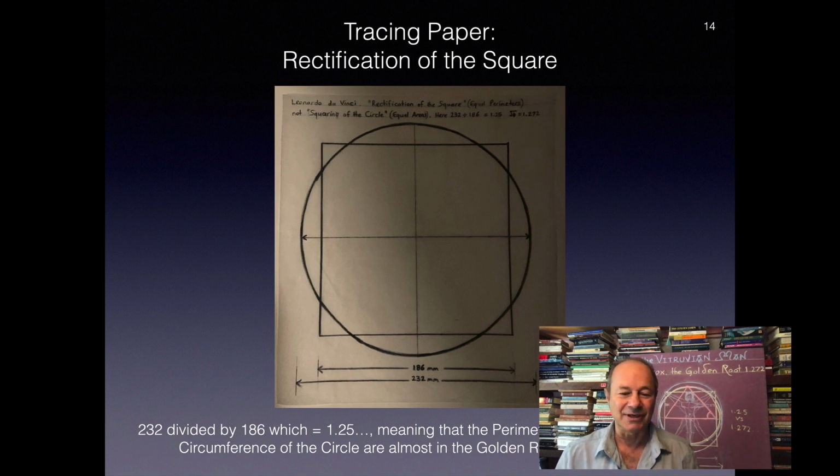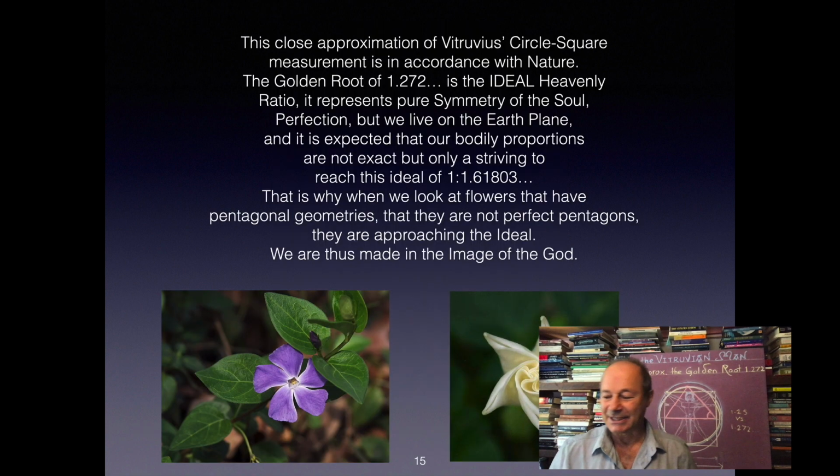So as a division, it's 1.25, and it's just a fraction less than the ideal called 1.27, which is the golden root. So this explains why we're on the terrestrial plane on this earthly life. Everything is just a little bit less than the ideal, than the heavenly plane.